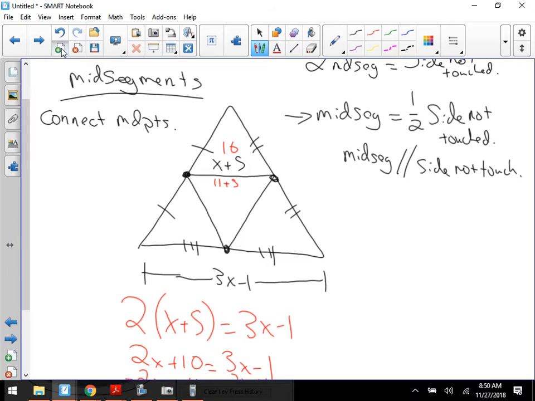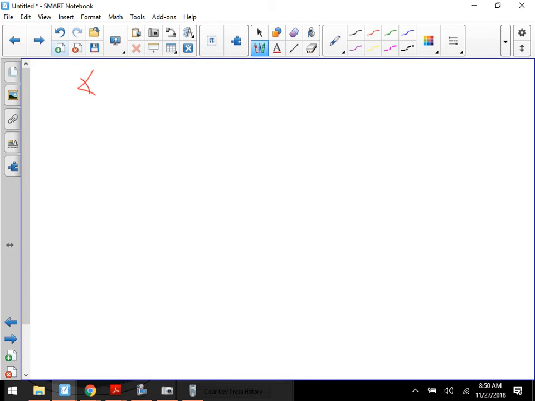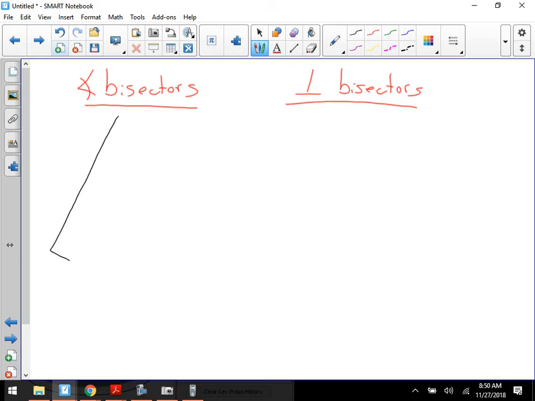Now, after that, we started talking about angle bisectors and perpendicular bisectors. So if we go back and think about that unit, one of the things we did with the angle bisectors, actually we did a couple different versions of this.